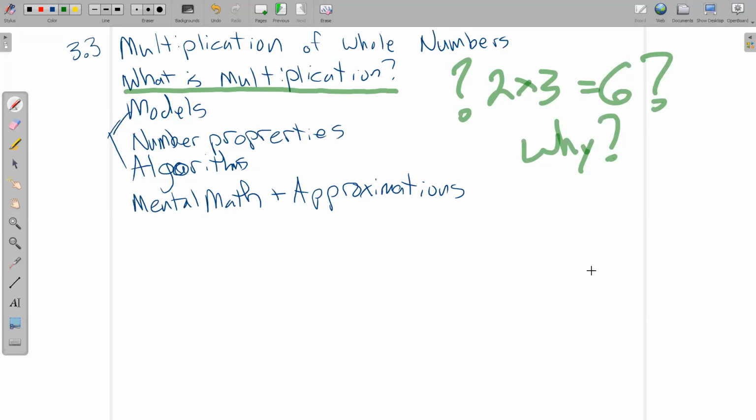So if you could share with me, either in the chat or by voice, what you think multiply means, I would greatly appreciate it. Okay, I got chats already. To find the total of how many groups, repeated addition, numbers per group. Oh, those are great answers, nice. Okay, let me write these down. And if you have another idea out there in the audience, please share. So far we've got repeated addition.